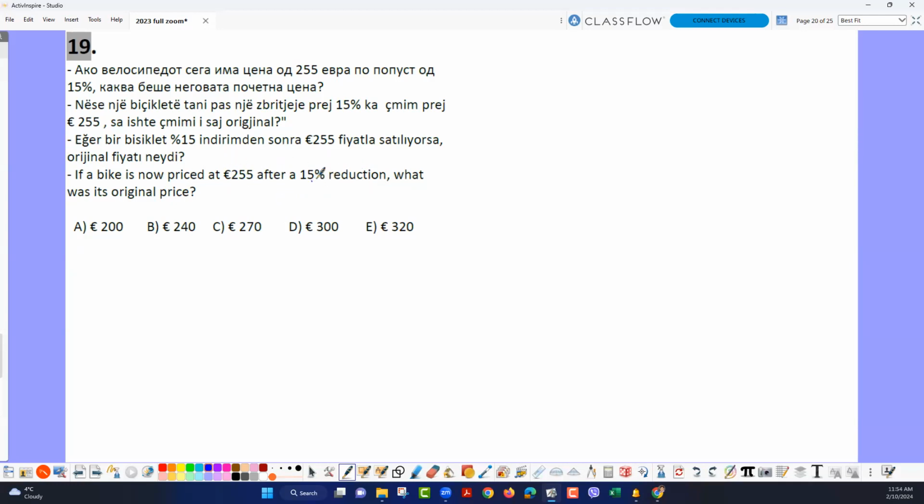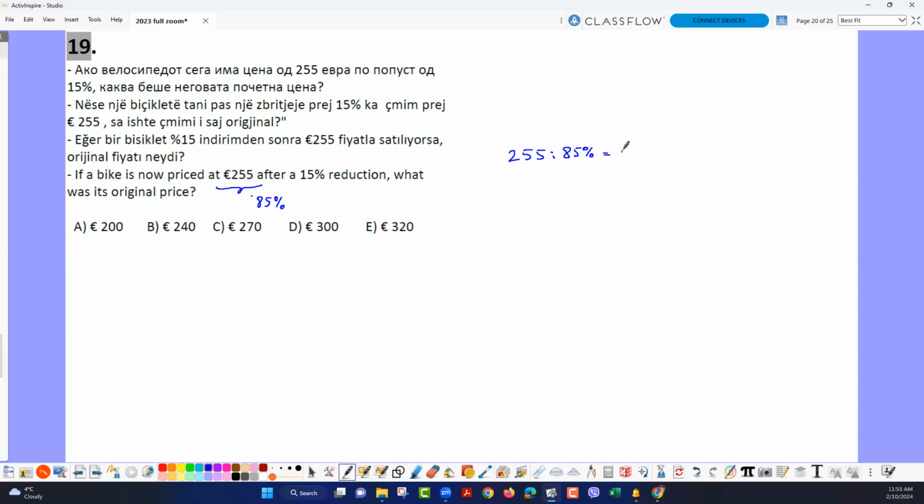What I mean is, if it is a 15% reduction, this money now is the 85%. So if you divide 255 by 85%, you will get the answer.